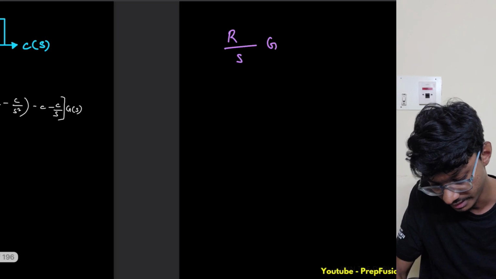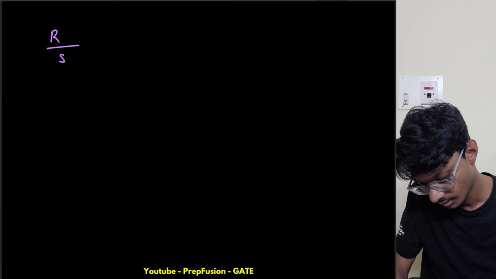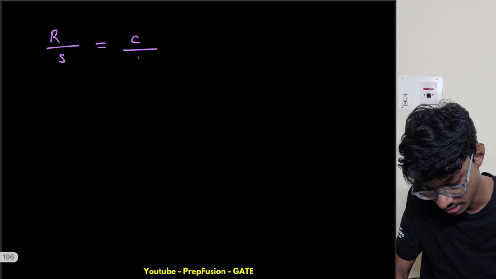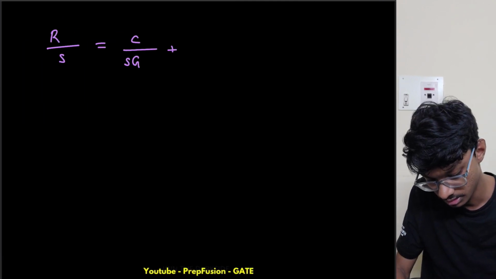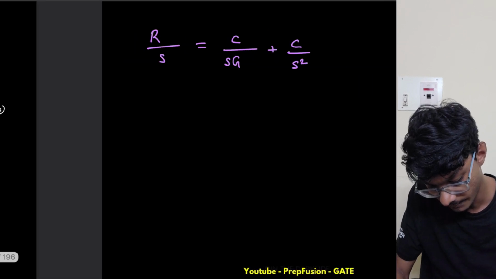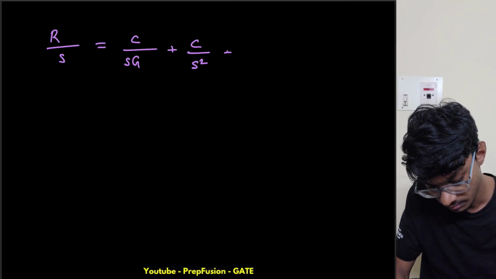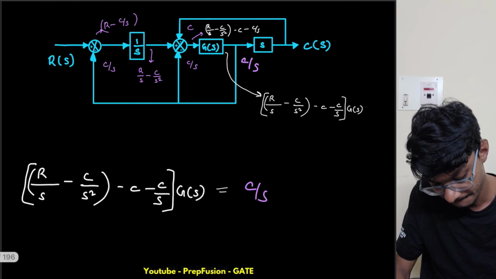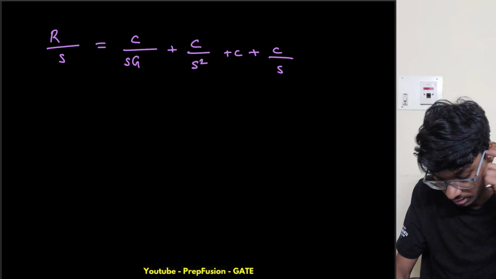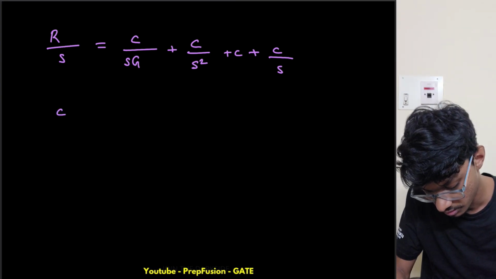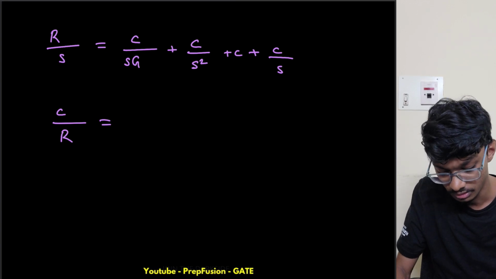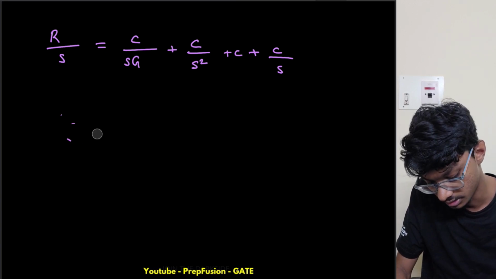G I can divide, so this becomes C by G times S, just algebraic calculations, and this becomes C by S square, plus C by S. So I will take C common and find the ratio C by R. So C by R is like, okay, let me not do this directly.